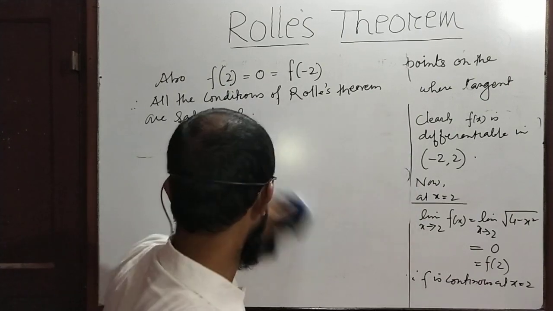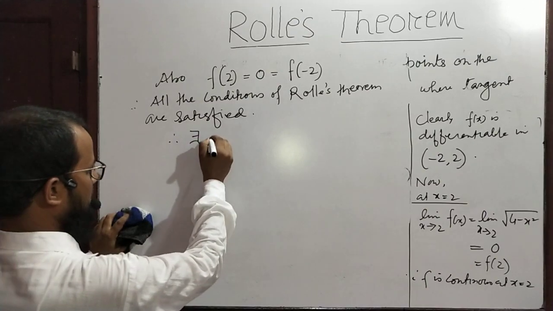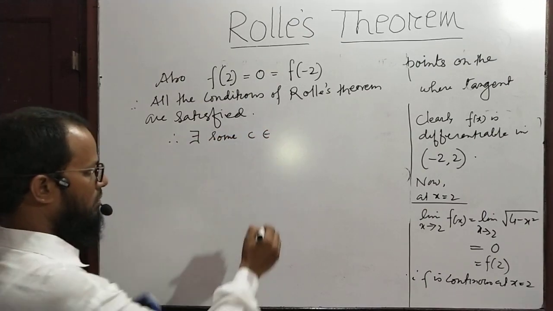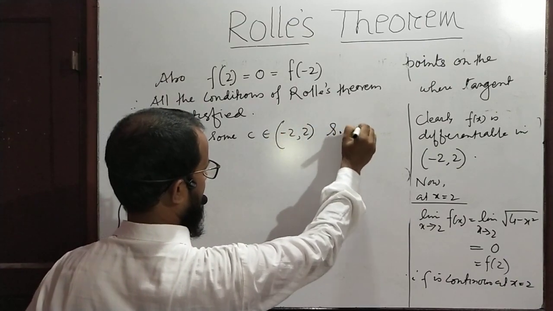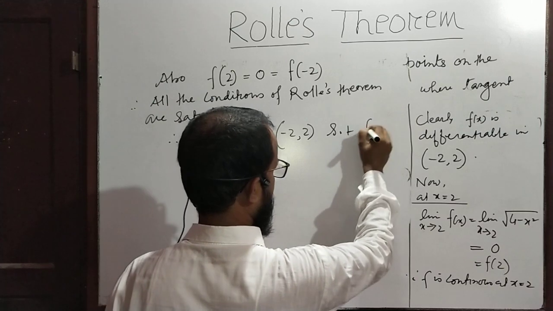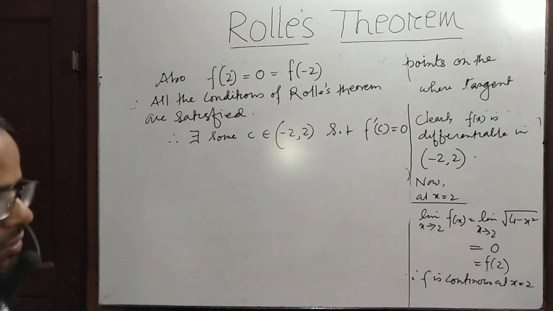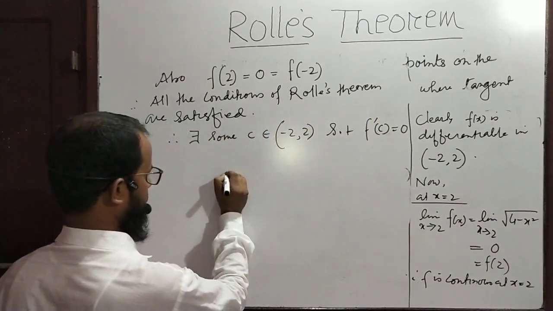Therefore, by Rolle's theorem, there exists some c belonging to the open interval -2 to 2 such that f dash c equals 0. So our job is to find what c is.